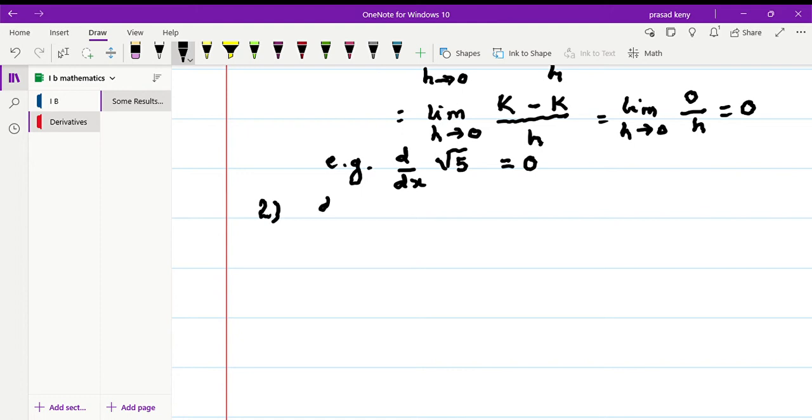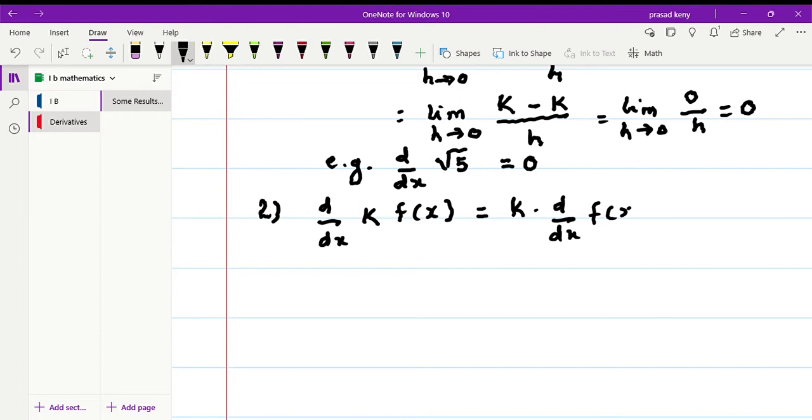Derivative of k into f(x) is k times derivative of f(x).